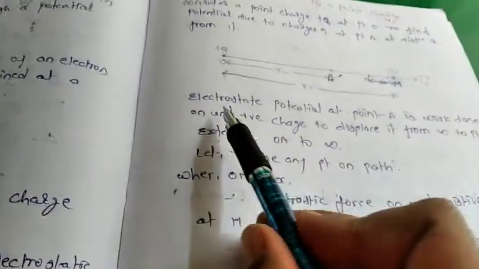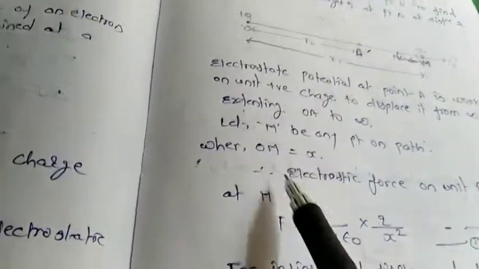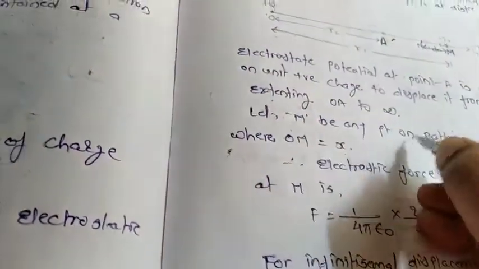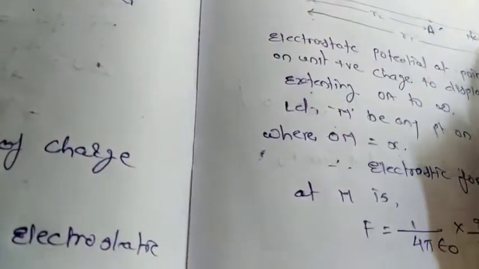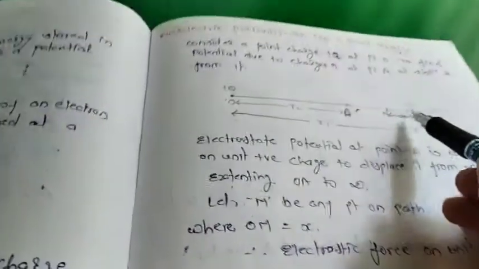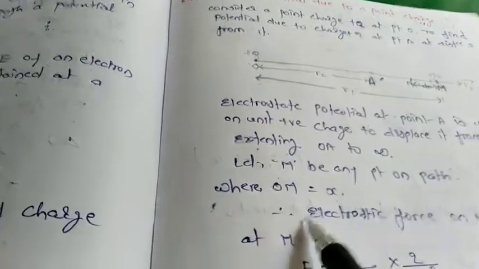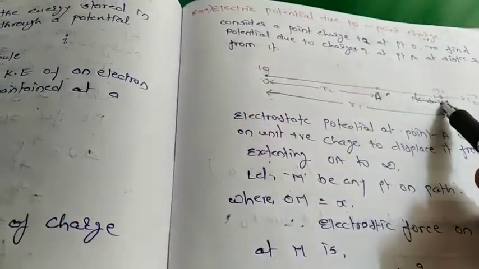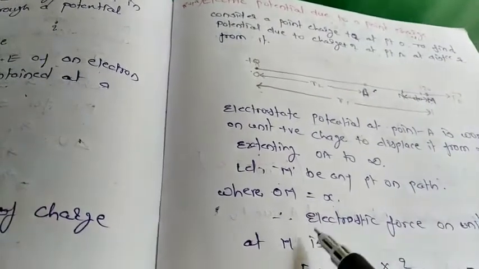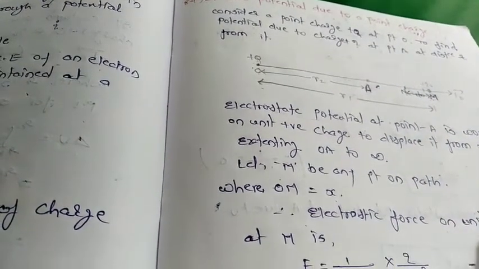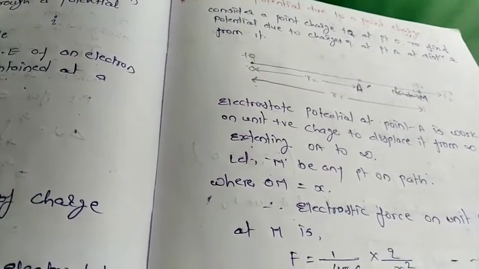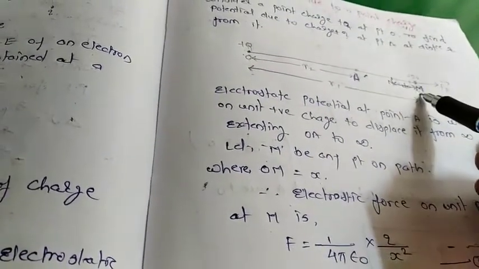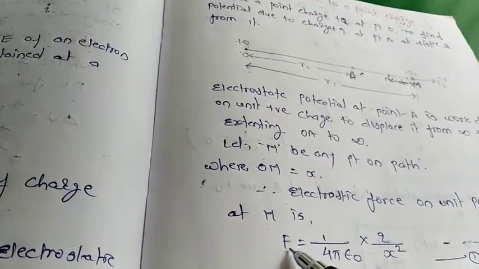Consider M to be any point on the path. On this path, M is any point. Then this distance OM is considered as X. Therefore, the electrostatic force on the unit positive charge at the point M is given by Coulomb's law.